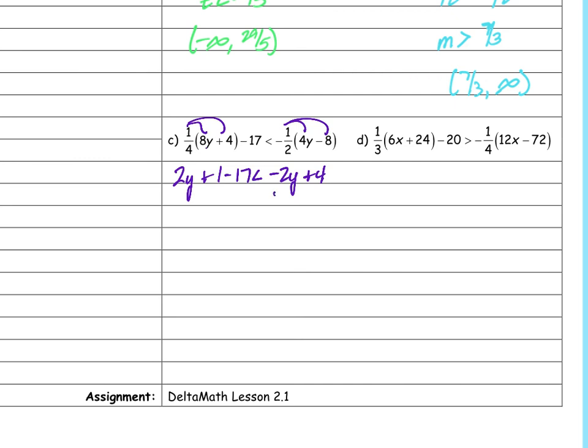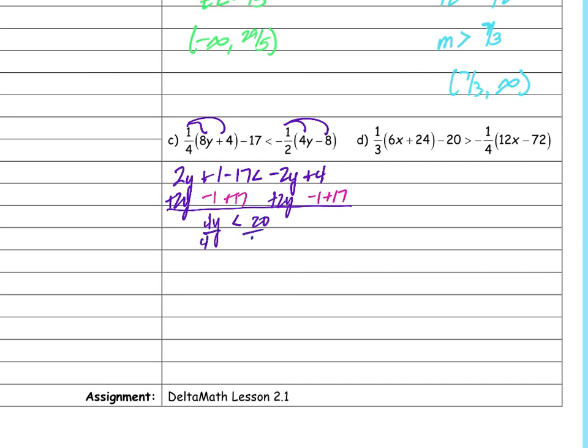Okay, so I'm going to add 2y. And I'm going to subtract 1 and add 17. So I get 4y is less than, let's see, that's 3 plus 17, 20.